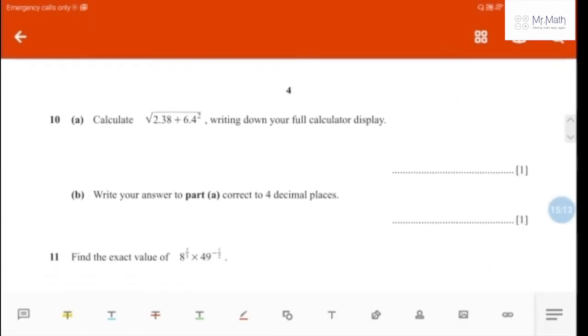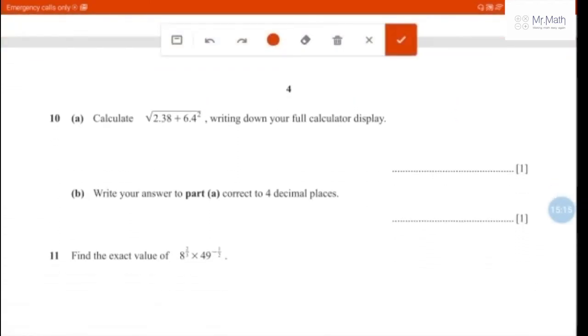Now, in question 10, part A, it says calculate the square root of 2.38 plus 6.4 squared, writing down your full calculator display.